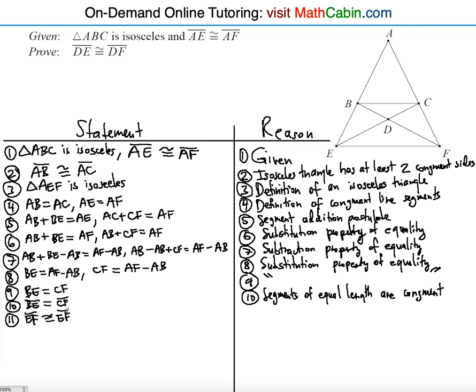EF is congruent to itself, and the reason for that is the reflexive property of congruence. Okay, so this is the reflexive property of congruence.